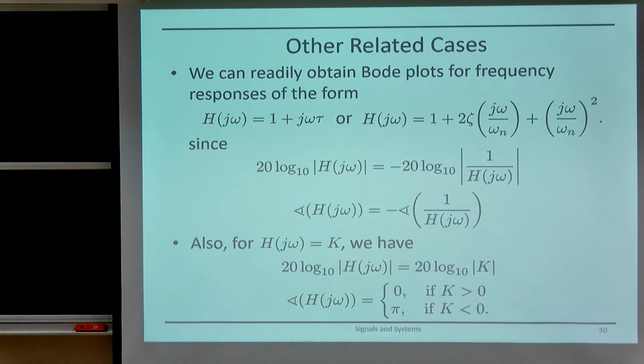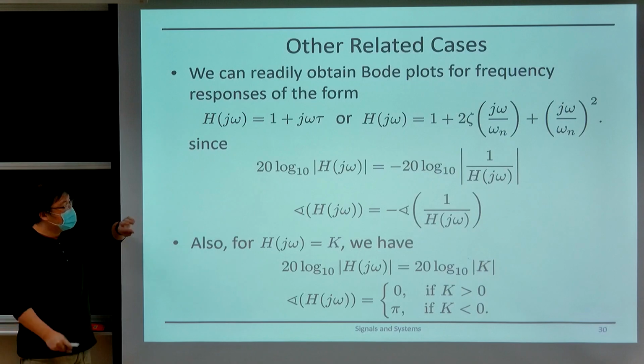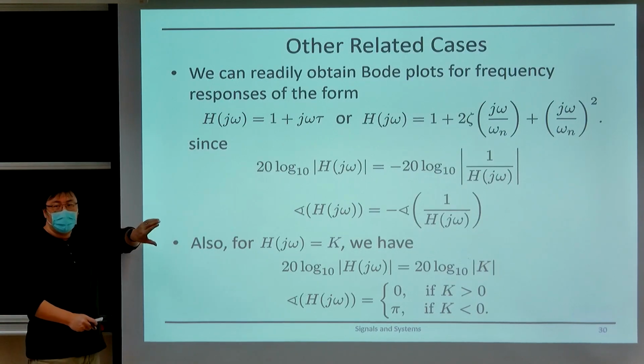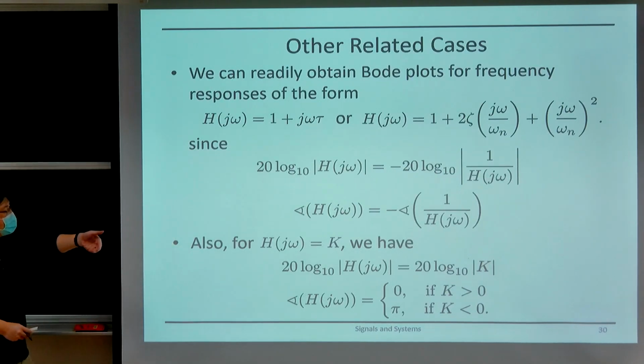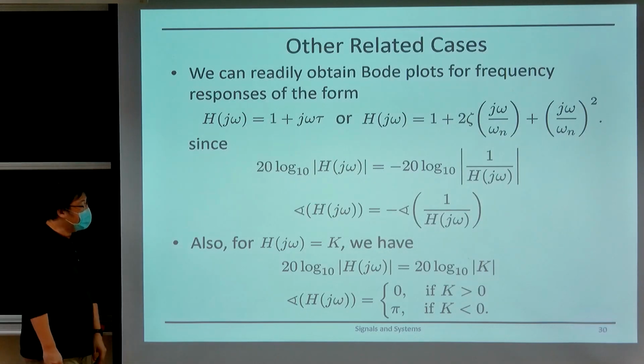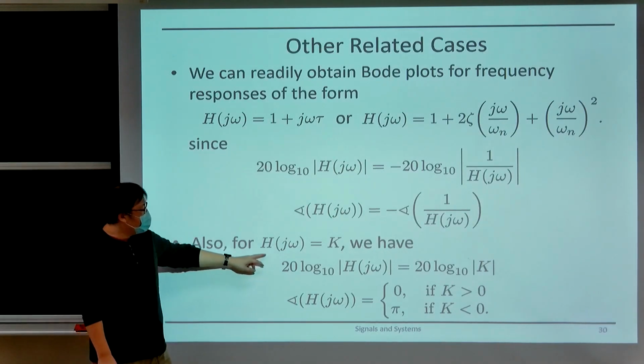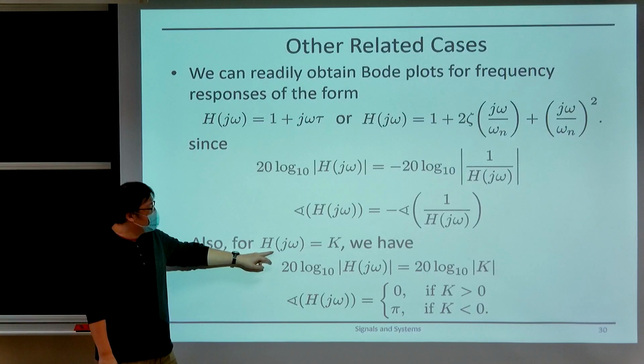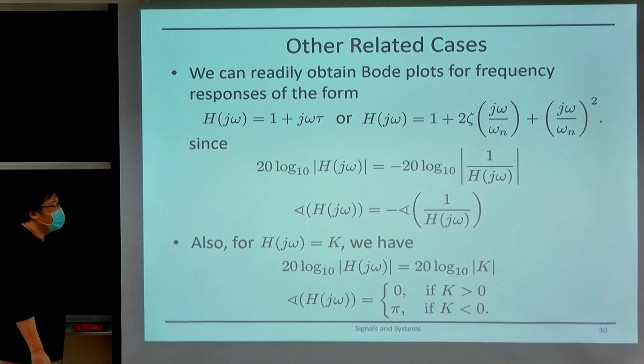Okay? So knowing how to analyze the Bode plot for the first and second order systems, we know how to look at the behavior of their reciprocal systems. And it's also easy to find the Bode plot for this constant gain system, right?